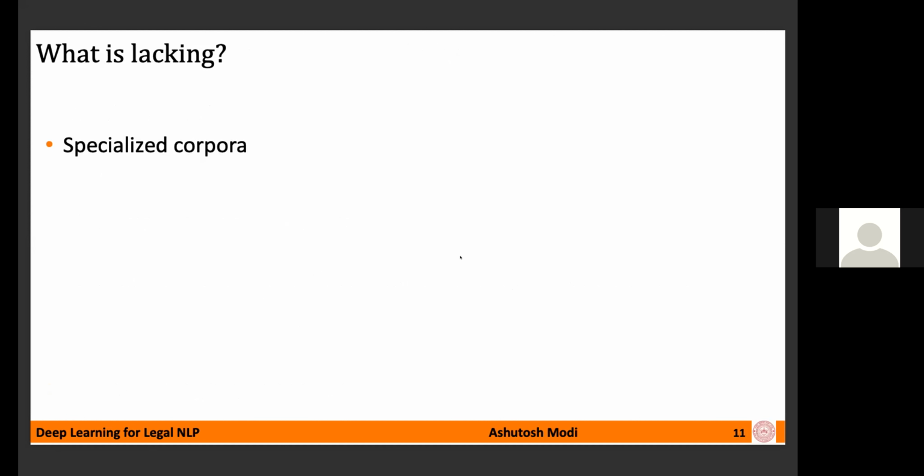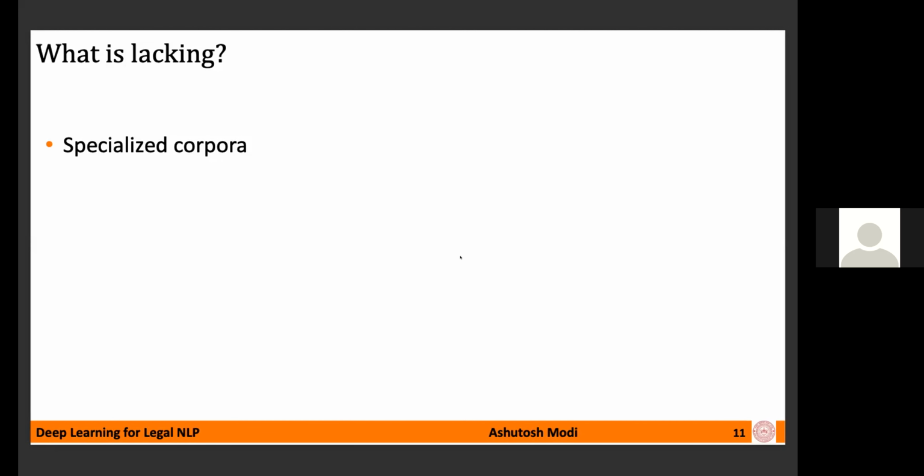But before I describe any of those techniques, let me also outline, for the challenges that I just described, what is lacking there, basically. What is preventing us from developing models that work well on legal text, right? I think the following things are lacking and impede the development of legal AI.